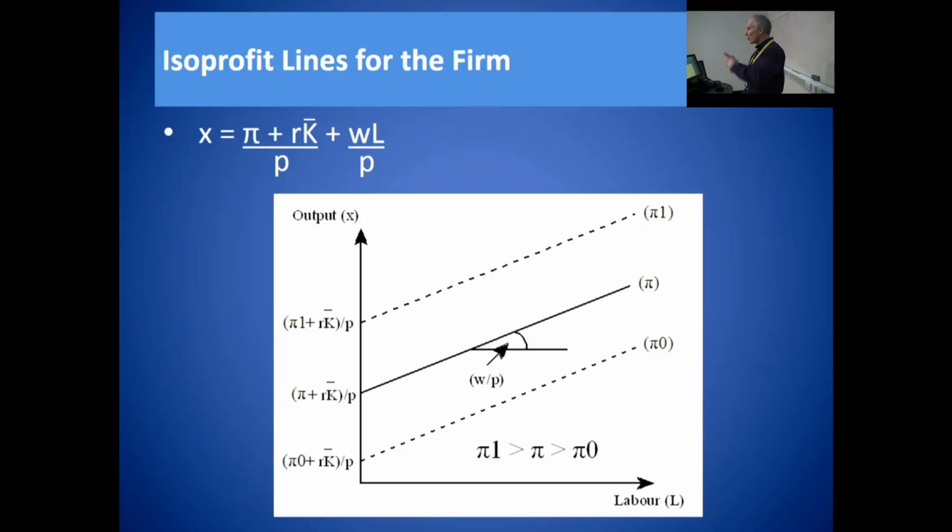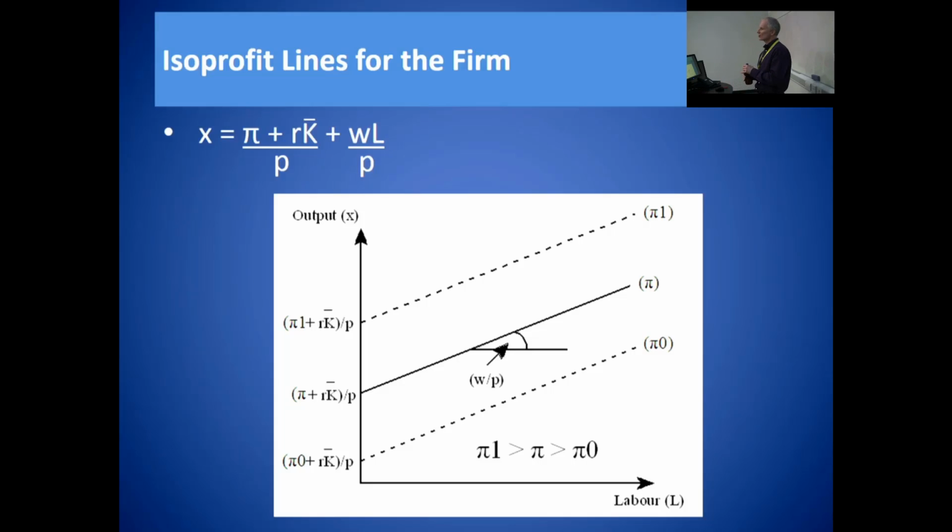So even though we started off with one iso-profit line, there are a whole family of these iso-profit lines, each of which will have a slope of W over P, the wage rate divided by the price of output, and higher iso-profit lines are associated with a higher level of profits.